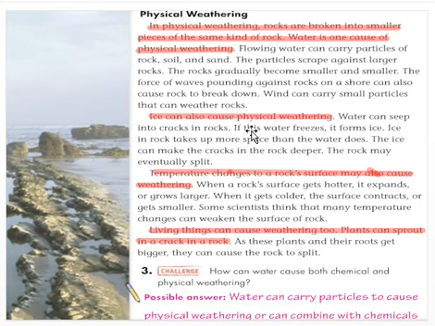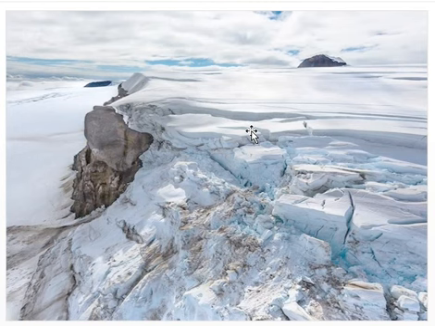Especially in freezing cold countries, like near the Arctic region, okay, you can see it. Example is this one. This is one of the pictures I took from Google. So it shows here that the rock started to break. It's because of the freezing temperature, not just cold, freezing temperature.